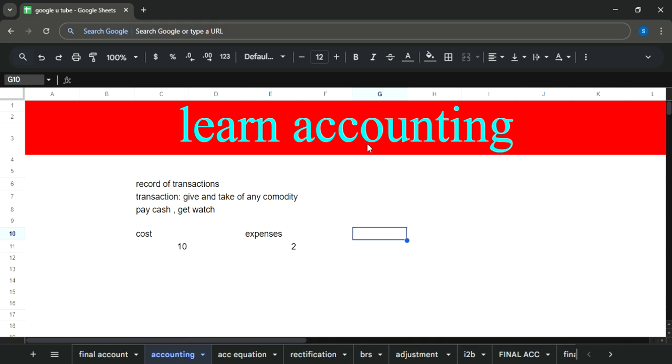Finally, after turning this simple commodity into a packaged valuable commodity, you will sell it in the market and say the price you have fixed is 20 rupees. So 10 rupees was the cost of purchase. You wanted to add some value. For that you have made some expense, so total cost is to be considered as 12.